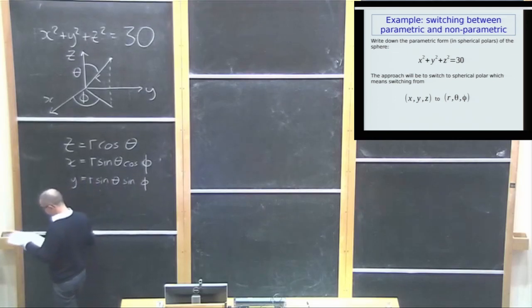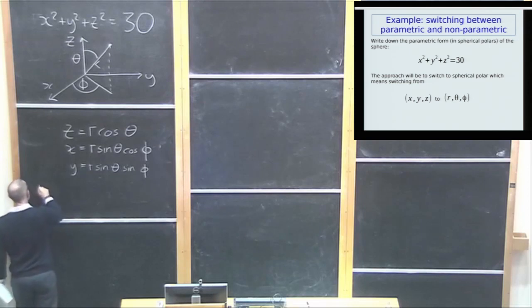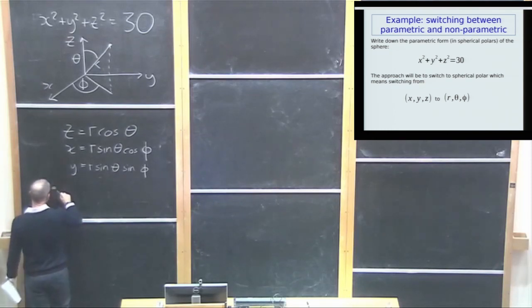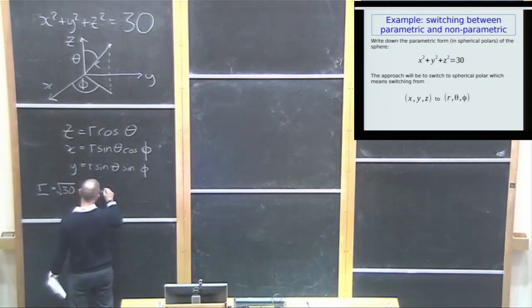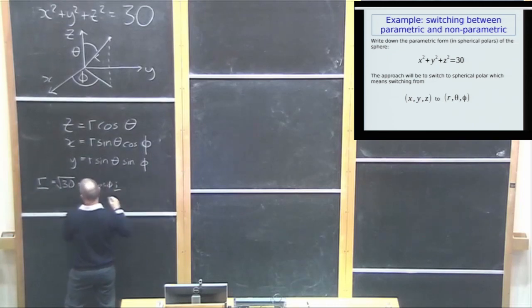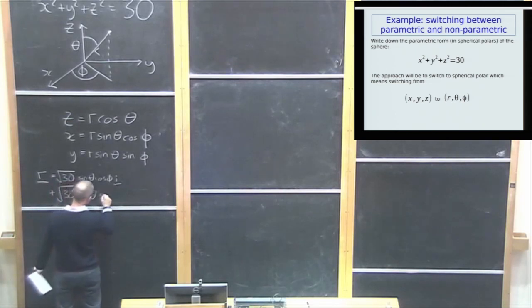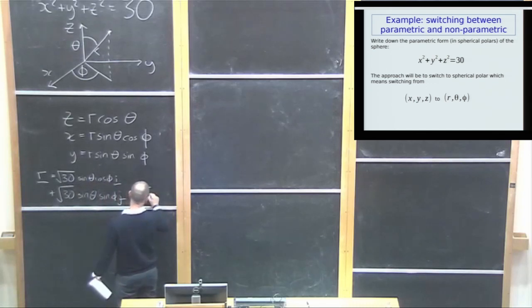So a simple parametric expression which describes exactly the same thing as x squared plus y squared plus z squared equals 30 is simply r equals the square root of 30 sine theta cos phi i plus the square root of 30 sine theta sine phi j plus the square root of 30 cos theta k.